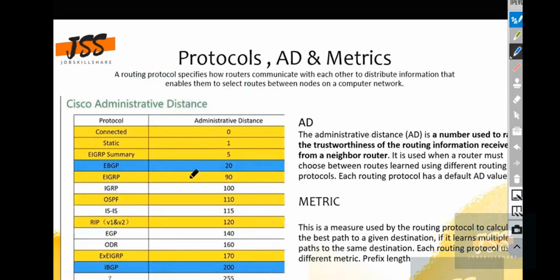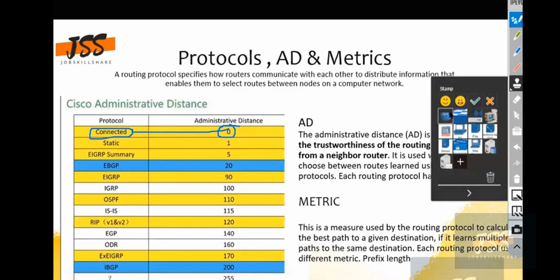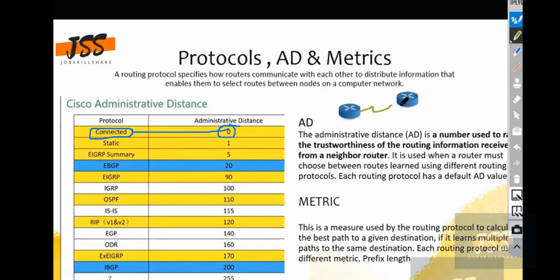if you see, if it is directly connected, it has an administrative distance of 0. What does it mean? For example, these two routers are directly connected, and this wants to communicate with this router. Since it is directly connected, the administrative distance is 0. And I told you what AD is.